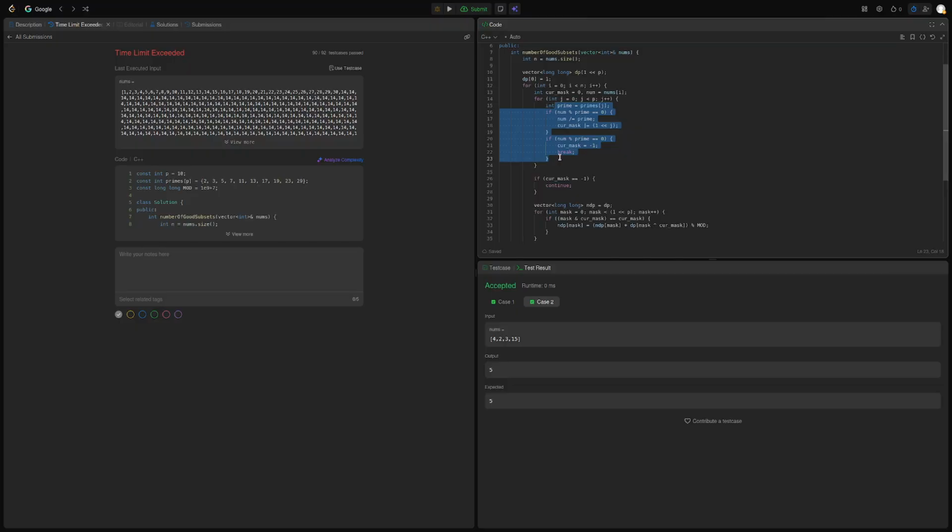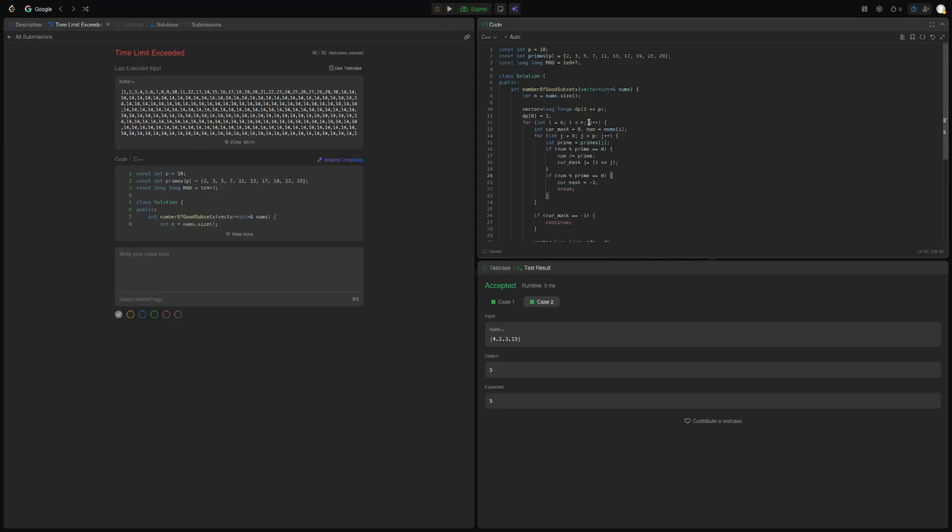So maybe if I can do this decomposition faster. I'm not sure that will work. Nah, that will not work.